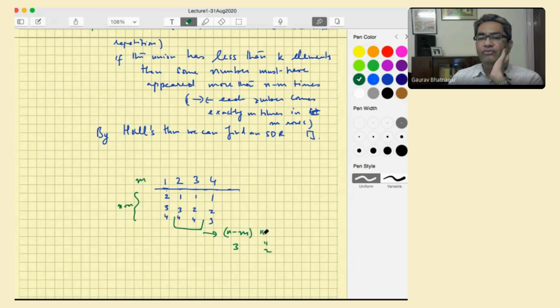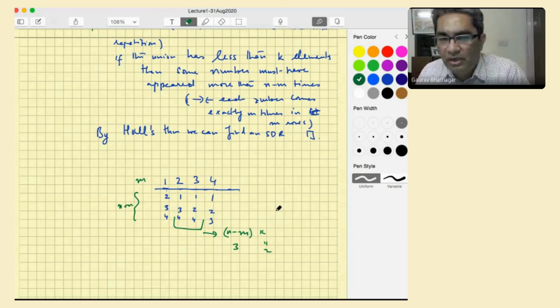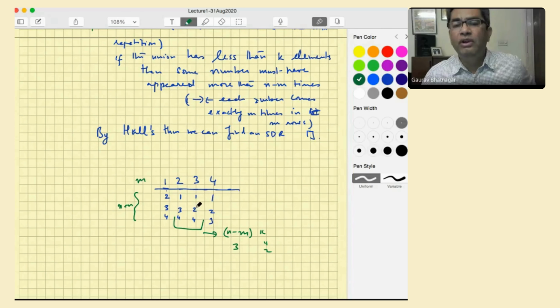Now, what we want to show is that there are at least two distinct numbers here in this case. If it's not the case, then some number must have appeared 3 times.